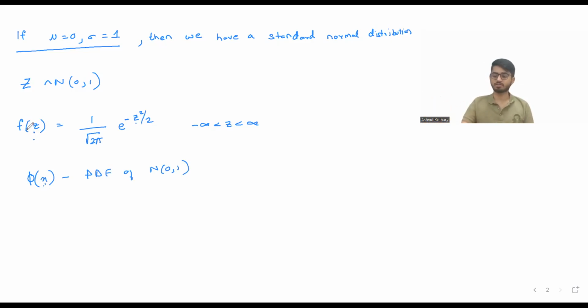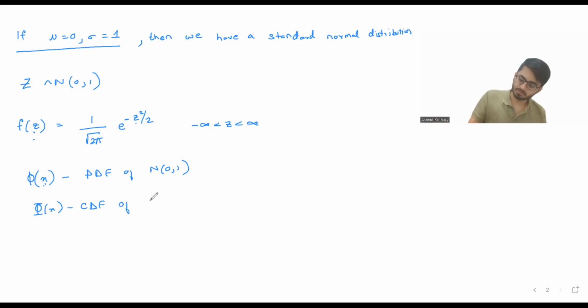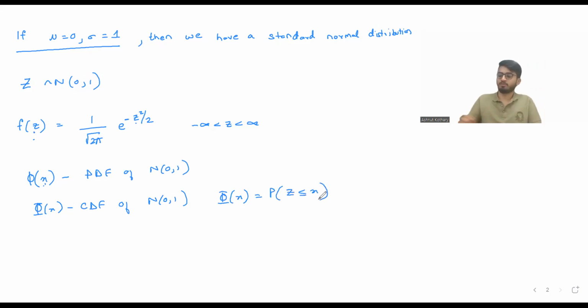So phi x is the PDF of a standard normal, and capital phi is nothing but the CDF of a standard normal distribution. That is, this is nothing but probability Z less than or equal to x.